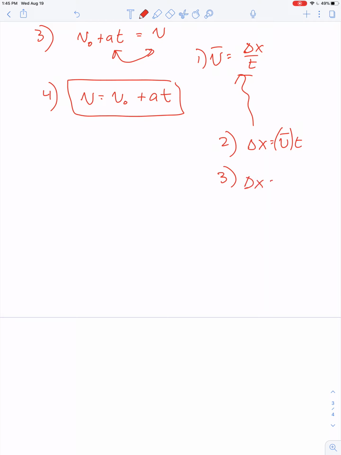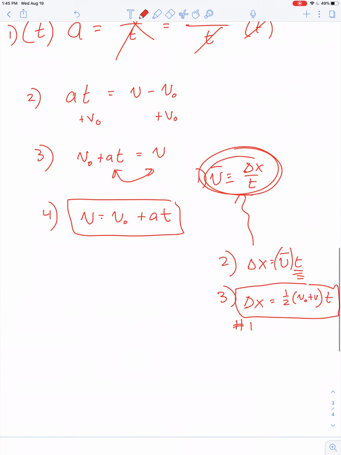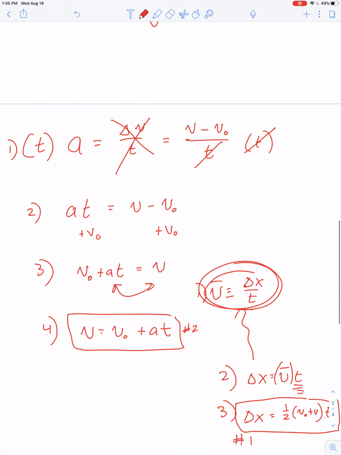We can say v average is just equal to half of the initial plus the final speeds, and then I still have to multiply by this t. So that's our first kinematics equation. We'll call this kinematics equation number 1, and it just follows from our definition of average velocity. We'll call this kinematics equation number 2, but it just follows from our definition of acceleration.